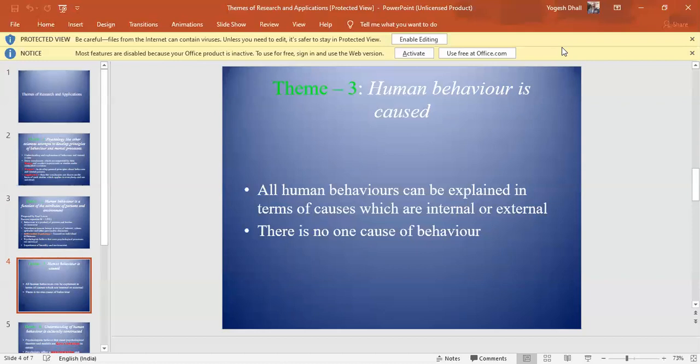And the next point is not only one cause, meaning all causes are interlinked. It means if you feel happy in a given situation, then there is no one cause of your happiness. You link this cause to various other causes also.